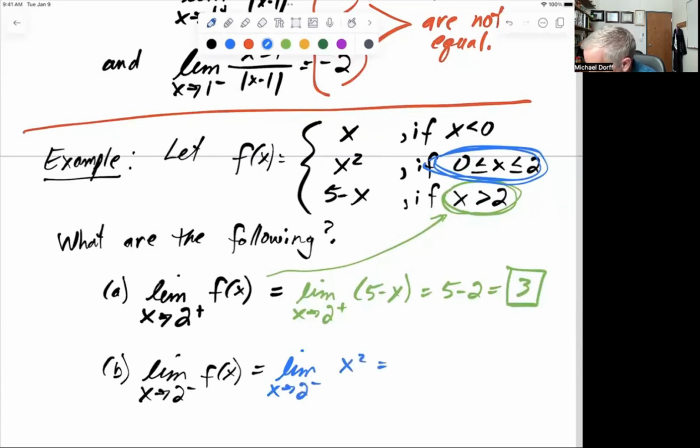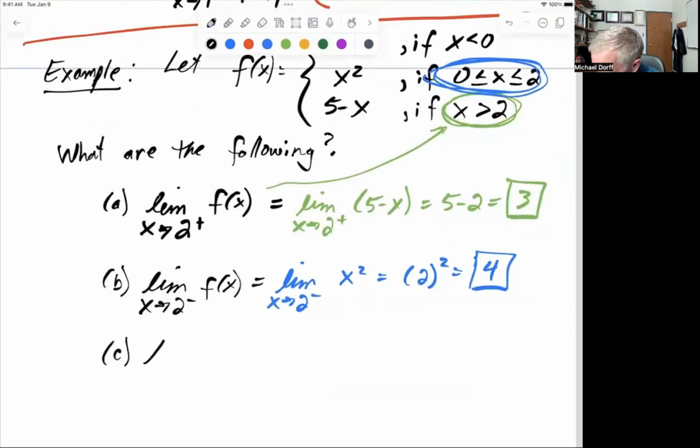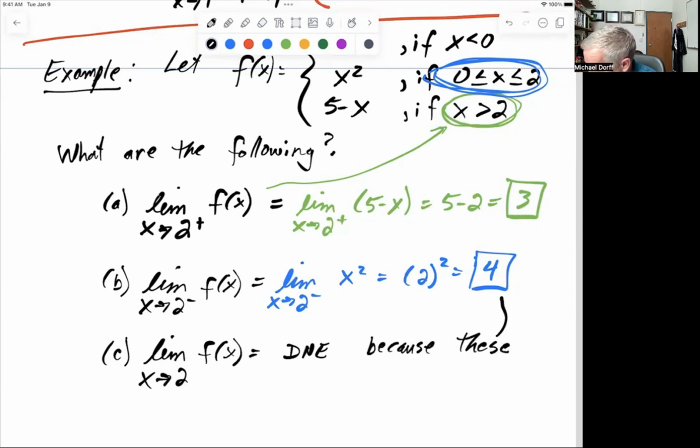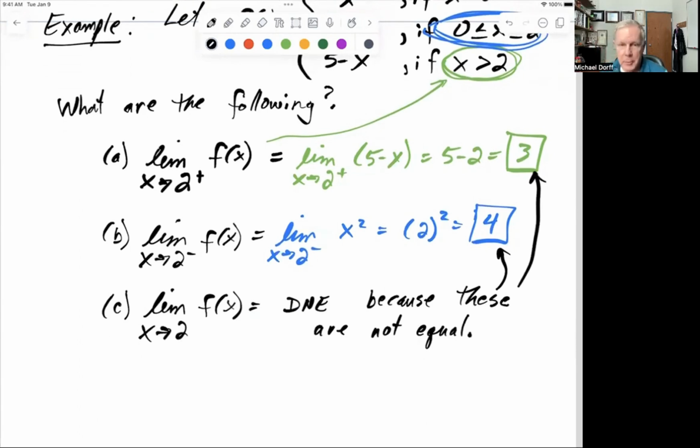And now when I do my direct substitution, I'm going to get 2 squared, and I'm going to get 4. All right. And then just as a review, what's the limit as x goes to 2 of this one? Well, it's going to be does not exist. And that's because these, meaning this one and this one, are not equal. If they were equal, then what would be the value for part C? It would be the equal value that both the right-hand and left-hand limits equal.